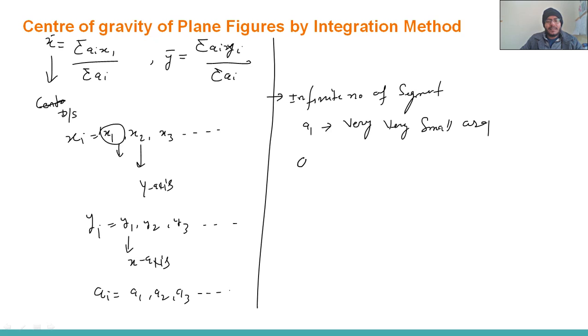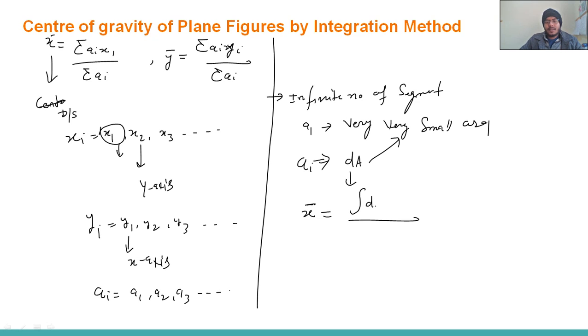So we can write ai as dA, it means very small area. In this case, we can convert summation into integration.